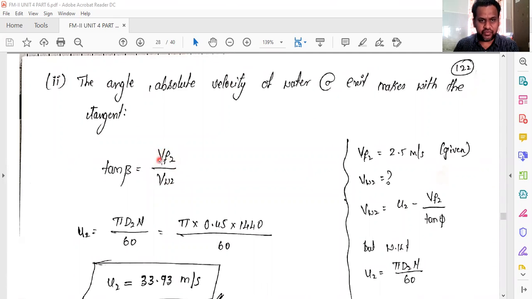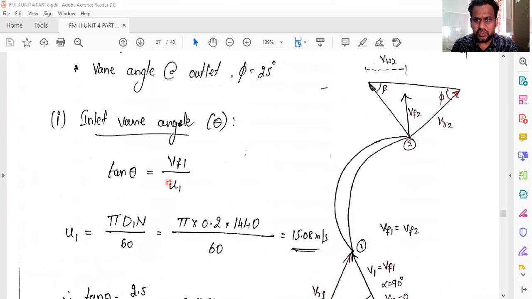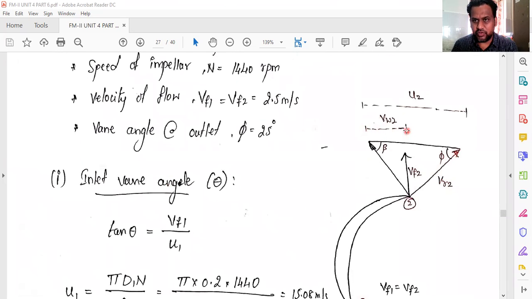VF2 we already know, but VW2 we don't know. To find the VW2, we should know what is U2, and U2 can be calculated.